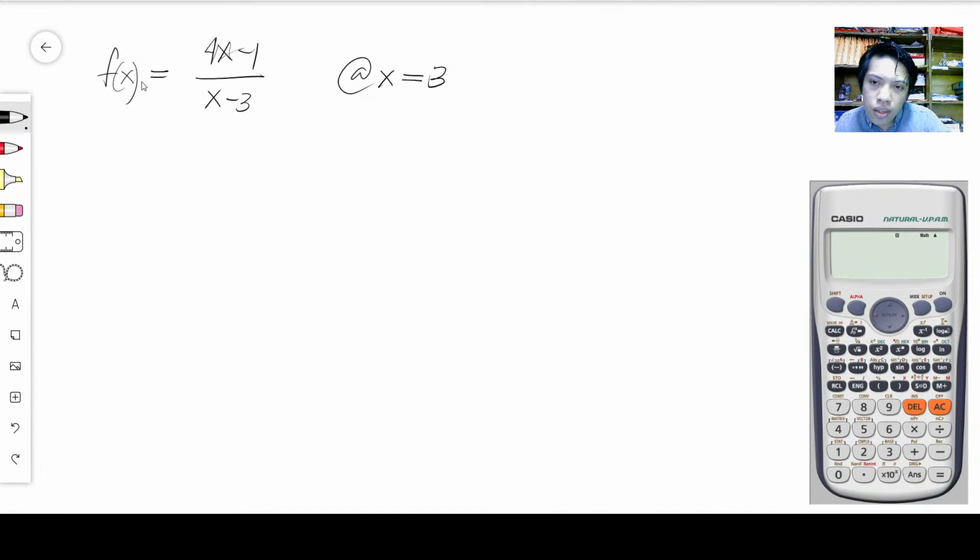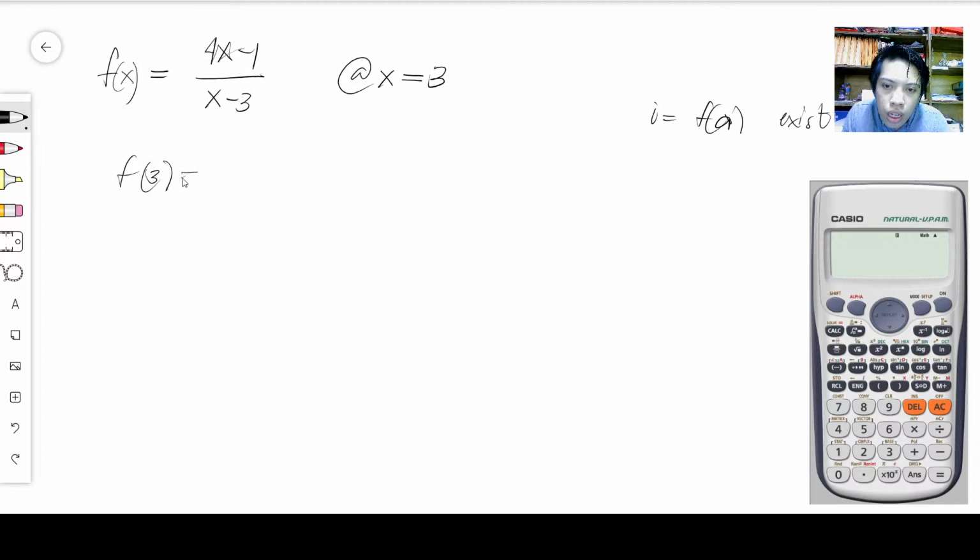Okay. So when x is equal to 3, ang unang criteria, di ba nakita natin? Ang unang criteria, that is dapat an f of a exist. So let us try to check. Does it exist? For this case, the value of a is 3.